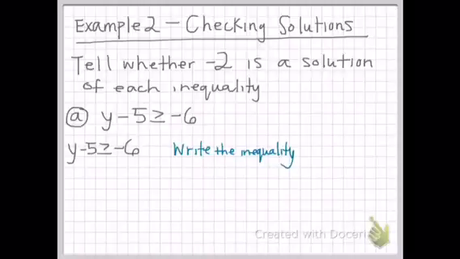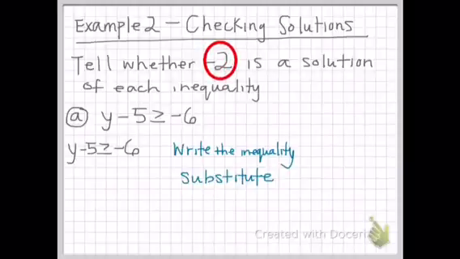Okay, now the second step that we are going to do is to substitute. And just like a substitute teacher would substitute for me, let's say if I was sick, this number, -2, is going to substitute for the variables out there. So let's go ahead and do that.